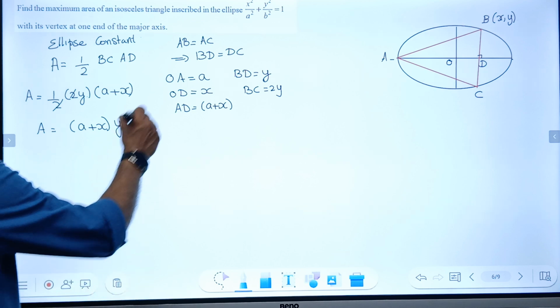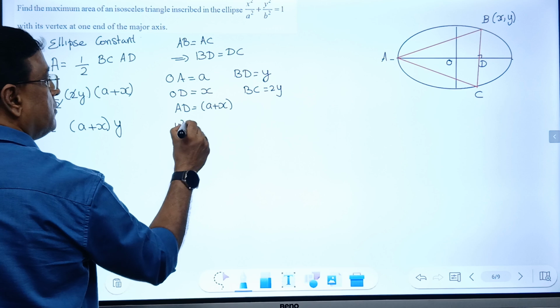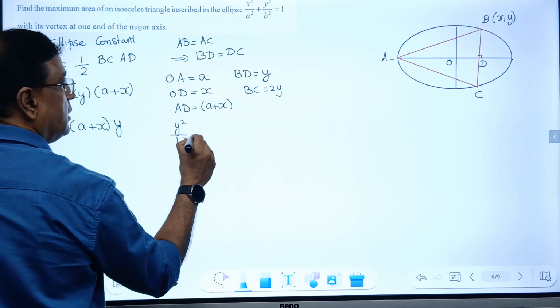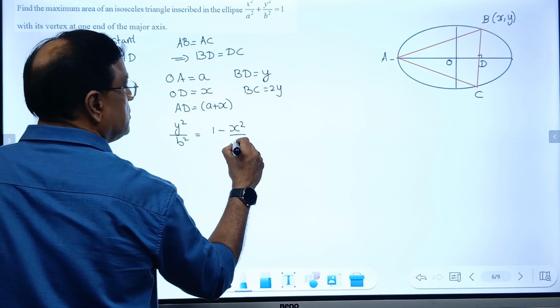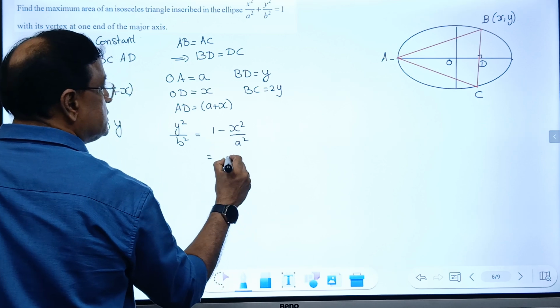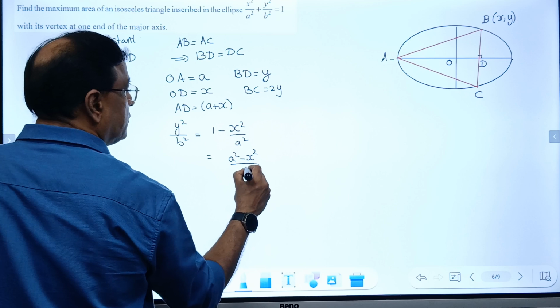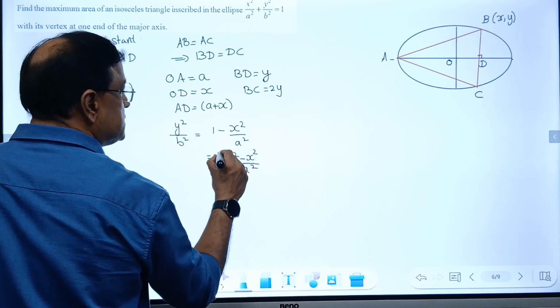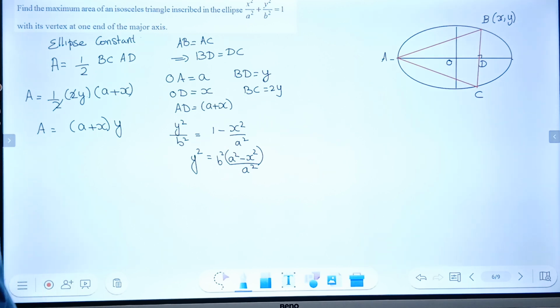Now what is y? Look at the diagram. Look at the equation. You have y square by b square equal to 1 minus x square by a square. If I take the LCM, I get y square equals b square into (a square minus x square) by a square.